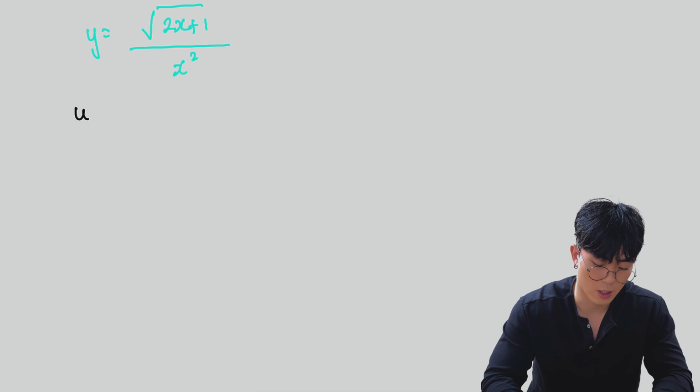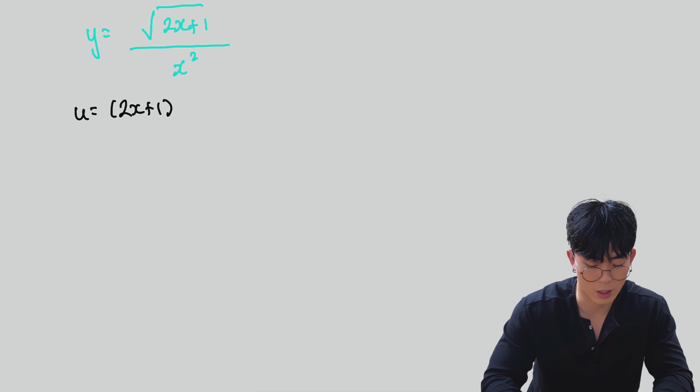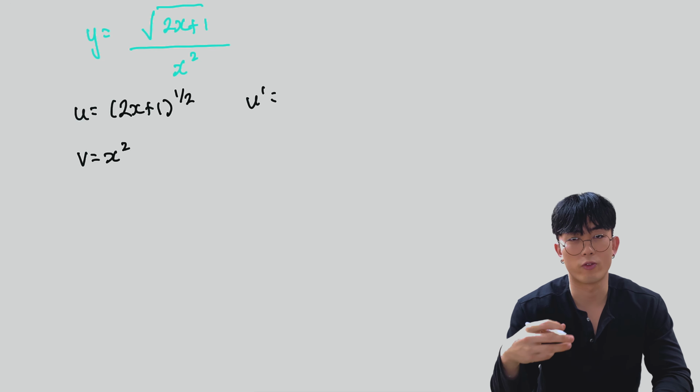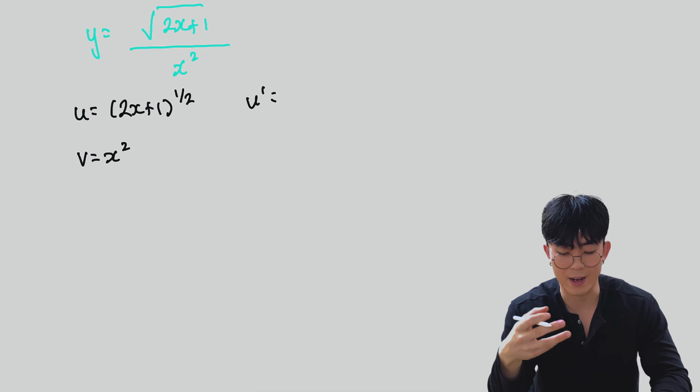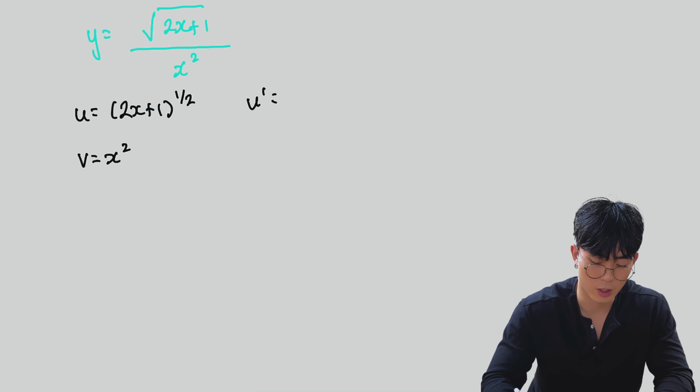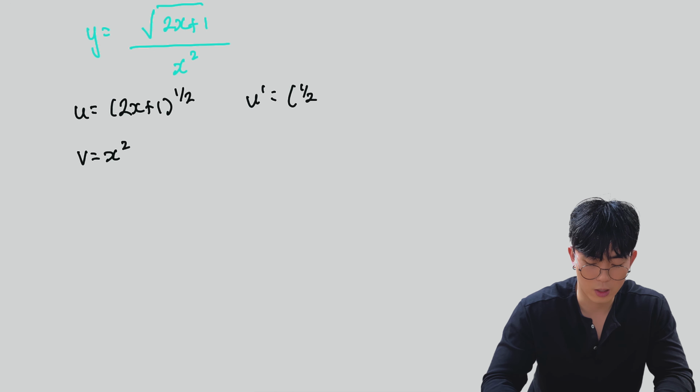So u is the root of 2x plus 1, so I'm going to rewrite that as 2x plus 1 to the power of a half. v would therefore be x squared. So u prime, because we've raised something to the power, we know that we should be using the chain rule. So half times 2 times 2x plus 1 to the power of minus a half. v prime would be 2x.